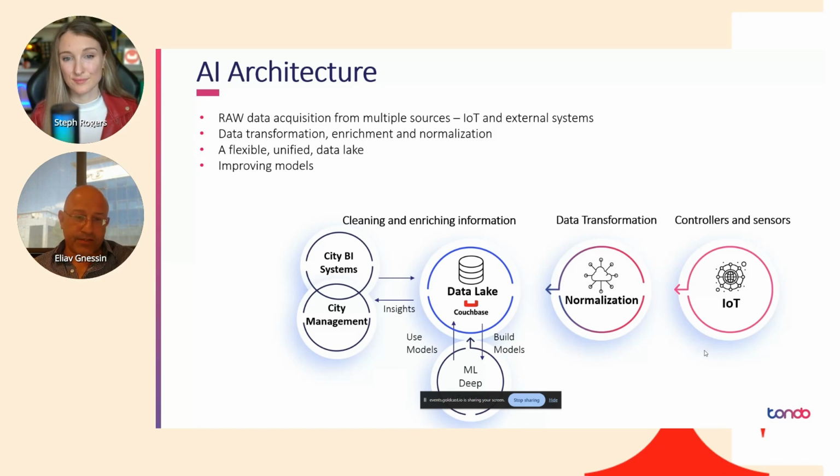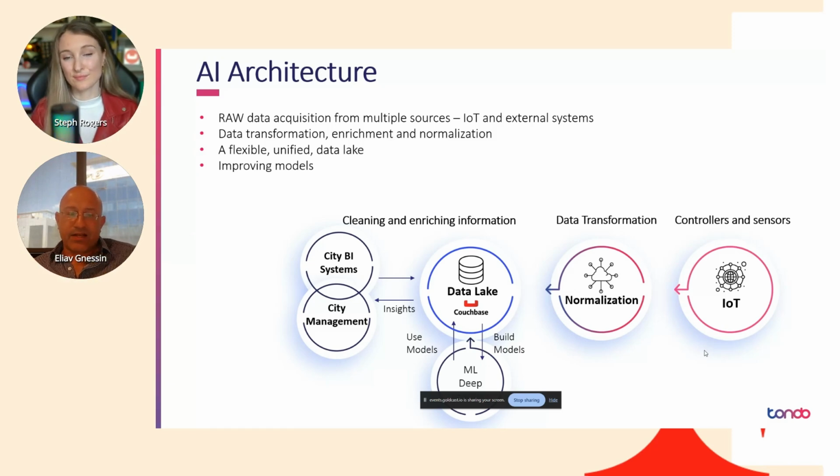There are different ways, but I think this is the go-to architecture when you talk about IoT. We have controllers and sensors. These controllers and sensors produce a lot of data. I will later show in a demo different types of data: there is telemetry, there's video, and there is other information that comes from these sensors.